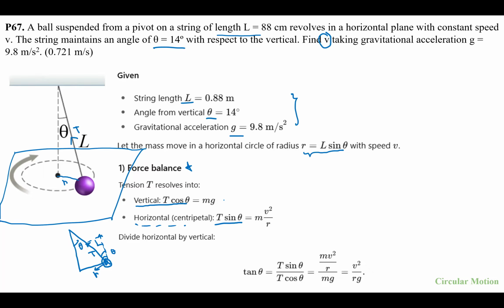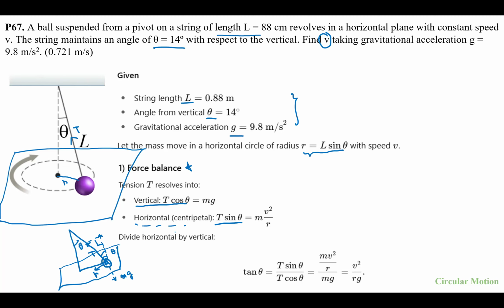Then we have two equilibria to balance. One is that the vertical tension should cancel with the gravitational force. Otherwise, if there is a net force, it would not stay on a horizontal plane; it would move up and down.